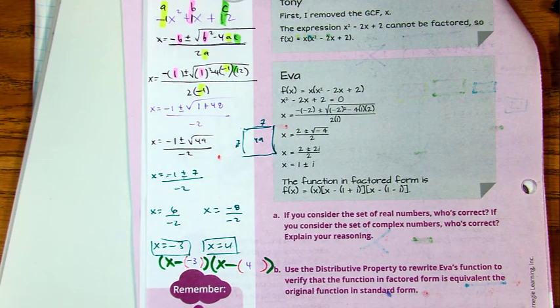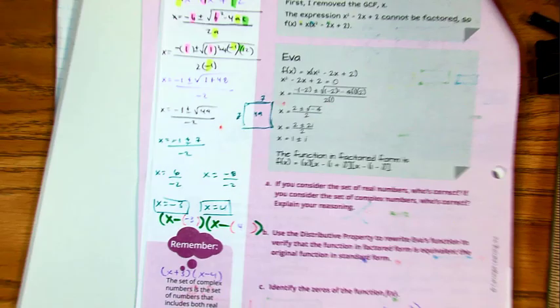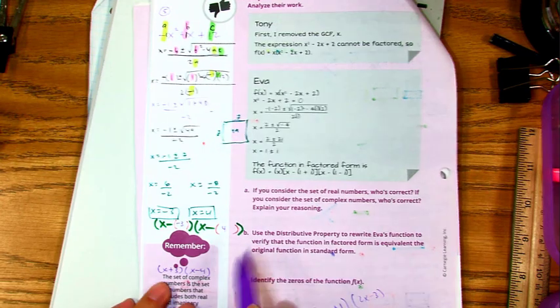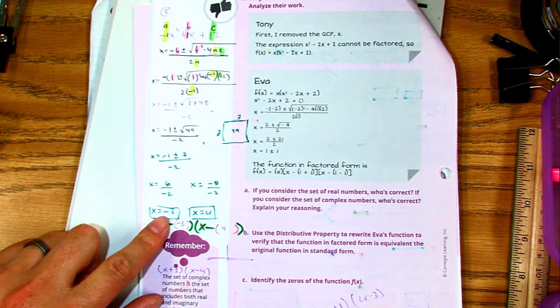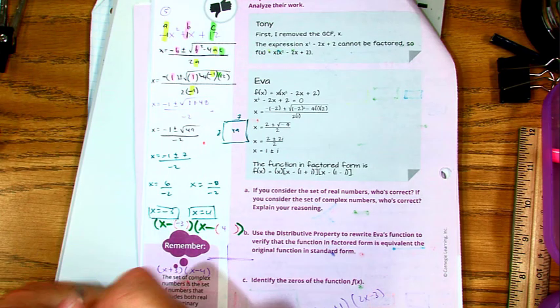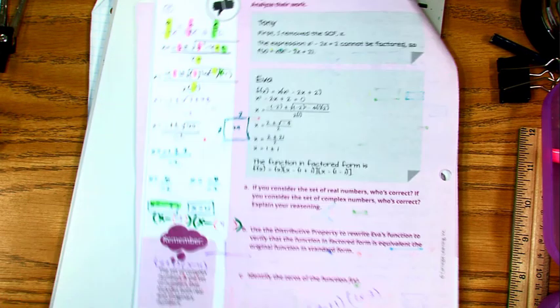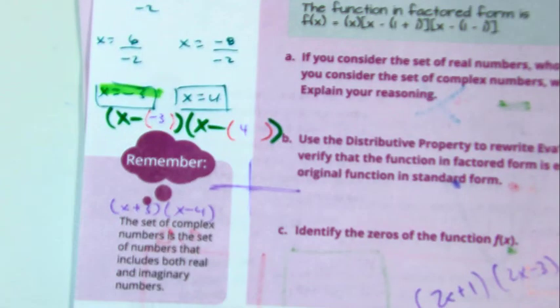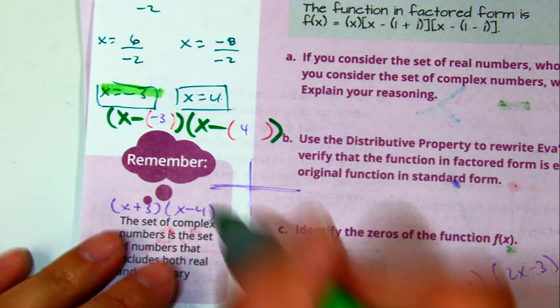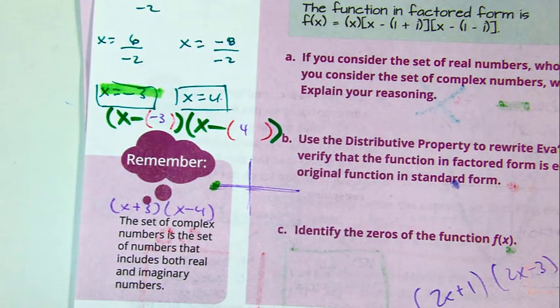Now, if you factored it, which we did yesterday, if we graph this, let's graph it. We know that it goes through -3. Zoom in for you. -3 and +4.